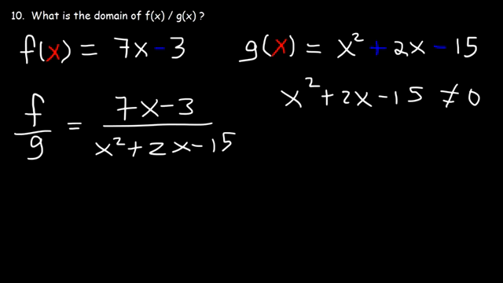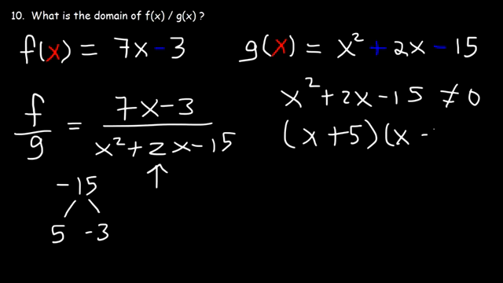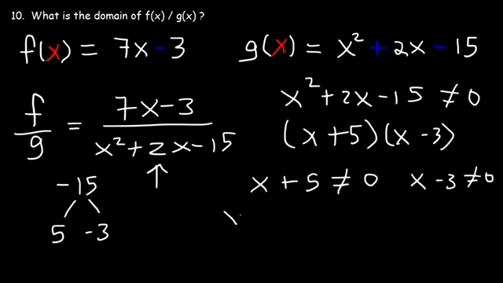Let's go ahead and factor the expression. What two numbers multiply to negative 15 but add to the middle coefficient 2? This is positive 5 and negative 3. So it's going to be x plus 5 times x minus 3. So therefore, x plus 5 cannot equal 0, and x minus 3 cannot equal 0. So x cannot equal negative 5, and x cannot equal 3. So x is all real numbers except those two values.